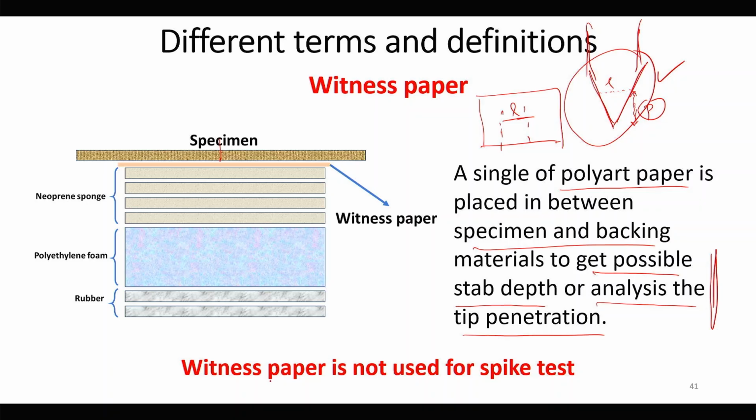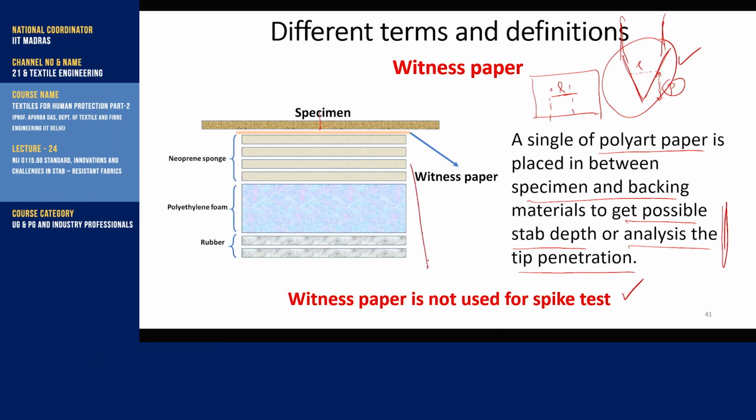And this witness paper is not used for the spike test. It is used for the knife test, because the knife geometry is known. This is the geometry, and from the length of the cut we can measure the depth of penetration.